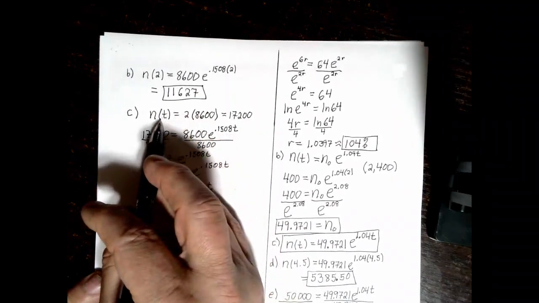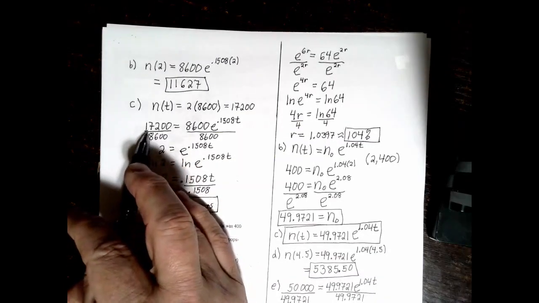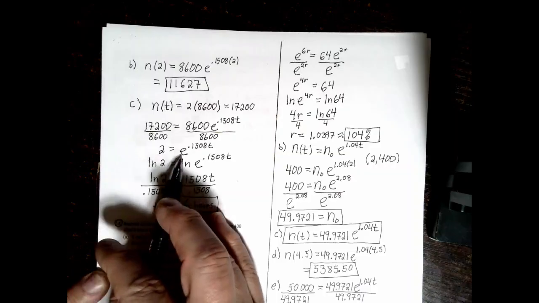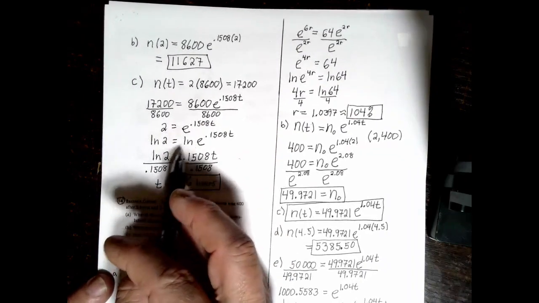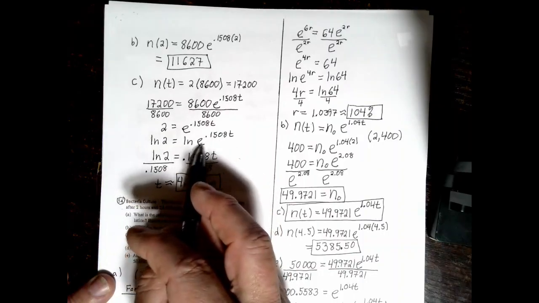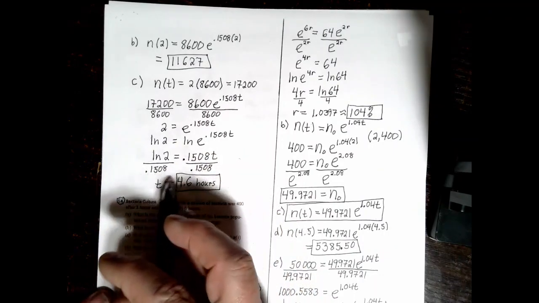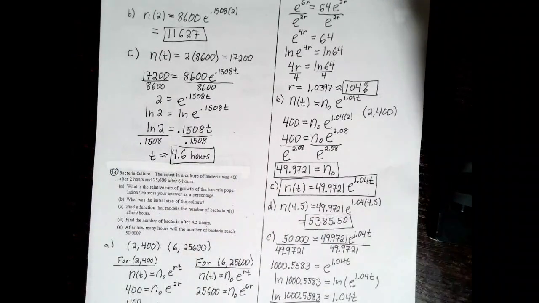Then here, when does it double? So you multiply 8,600 times 2 and you get 17,200. Divide by 8,600 and you get 2 equals e to that number. You take the natural log of both sides, and natural log of e to the exponent is just the exponent. And then divide by 0.1508 and you get 4.6 hours for it to double.